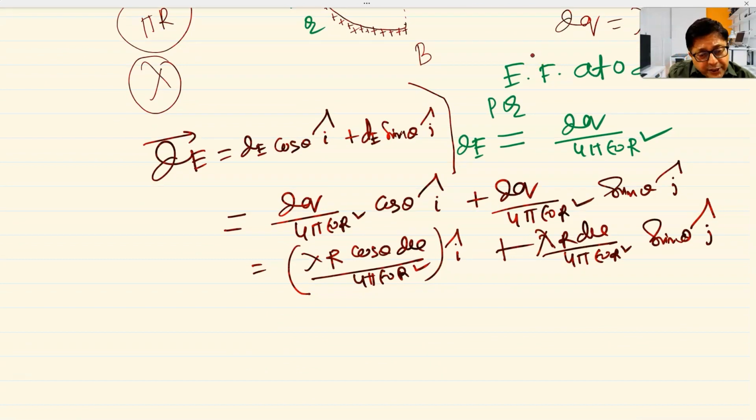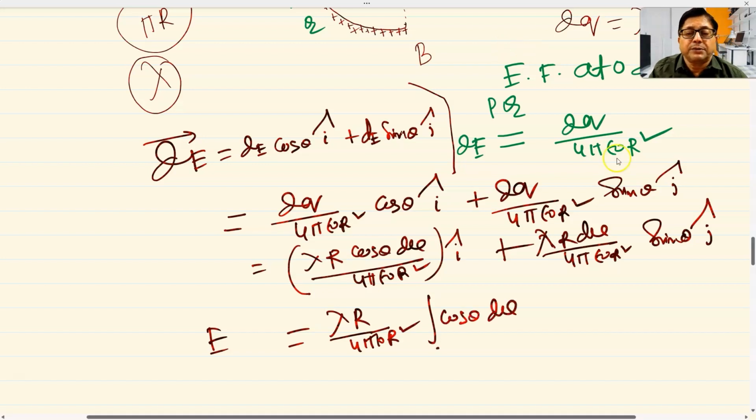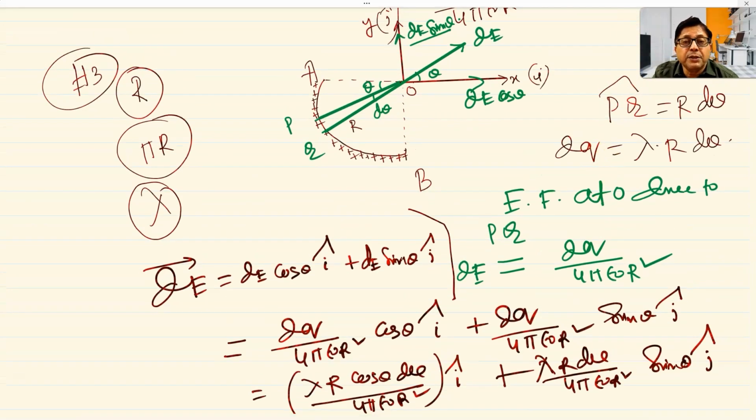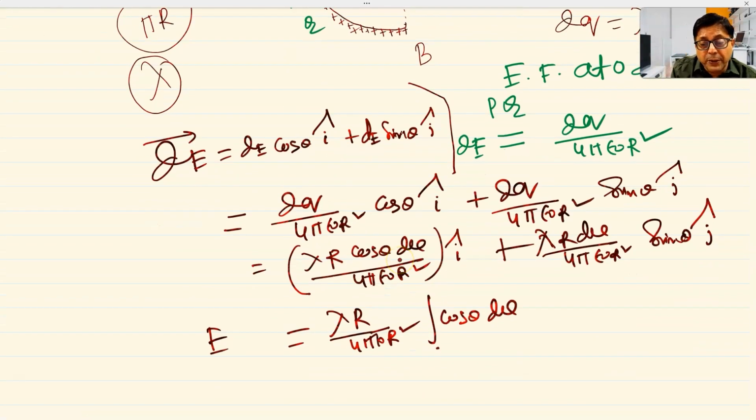So let us find E equal to, you keep this thing outside. Lambda r by 4 pi epsilon 0 r square. The limit of integration cos theta d theta will be what? This limit of integration will be from this end, from the end OA, and rotated by 90 degree. Then OB is over. So it will be 0 to pi by 2.